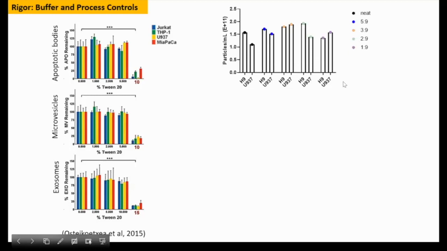And as you can see, across tested detergent dilutions, measured EV concentration averaged about 1.7 times 10 to the 11 for H9 and 1.5 times 10 to the 11 for U937, with no real correlation between count and detergent concentration. So we can conclude that indeed the presence of a very low percentage of Tween in the MRPS buffer doesn't hurt the particle concentration afterwards. Next, please.